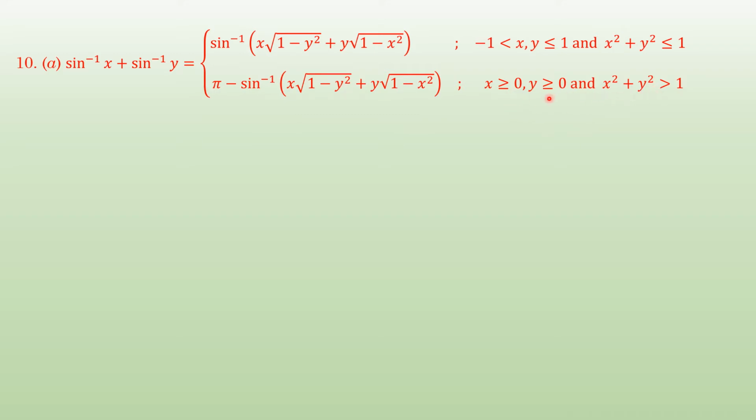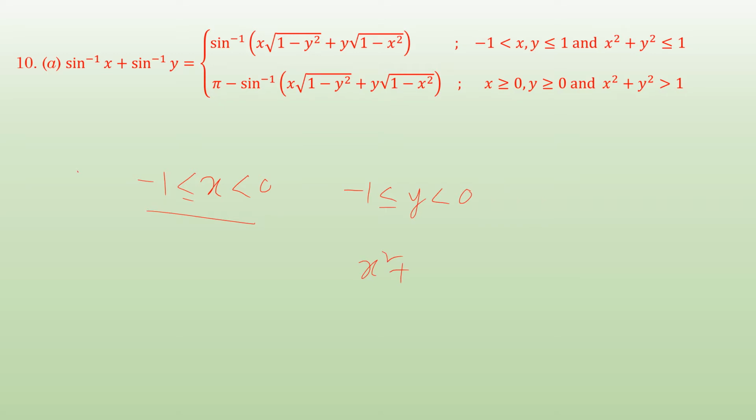Okay, so if you take some more different conditions on x and y, there may be another condition that x may be less than 0, or y may also be one condition as well.